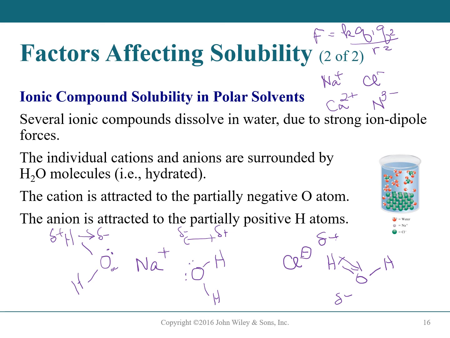This is +2 -3. So this has a 6-fold stronger attraction than sodium chloride. So it tends to be something like this because my force of attraction is so strong. It's not guaranteed, but you'll tend to find more of these high charge ionic compounds, where the ions have high charges, to be more insoluble.